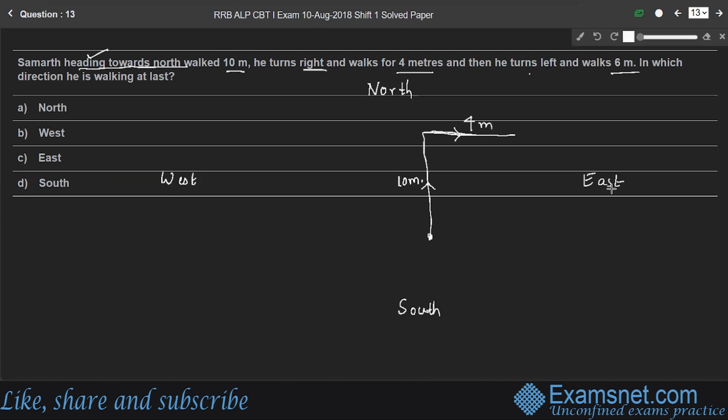Then he turns left. His left means again towards north, and he walks for 6 meters. So in which direction is he walking at last? North direction. He is walking towards north. Therefore, option A is the right answer.